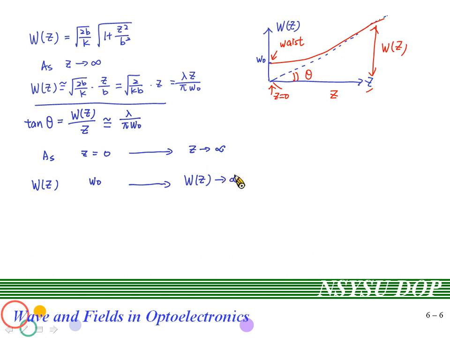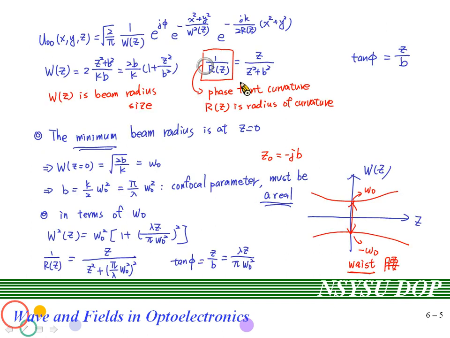How about the phase front? We know the phase front curvature, the inverse of R of z. According to the expression shown here, you will see as z is 0, the inverse of R of z will become 0 too.